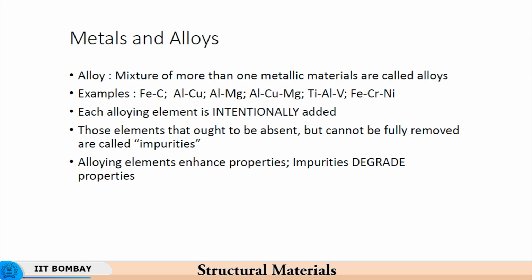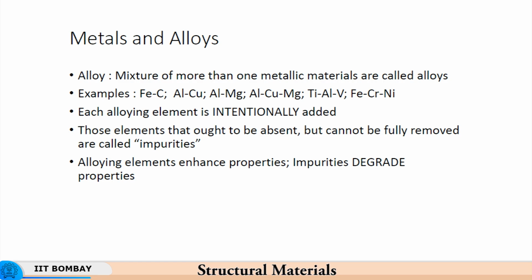However, the picture is not so rosy, because there are many other elements which are present without our intention of adding them. So these are elements which you would like to remove. You can do without them, but unfortunately it is impossible to remove all of them. Such elements which remain behind in spite of all the best effort you might make are called impurities.